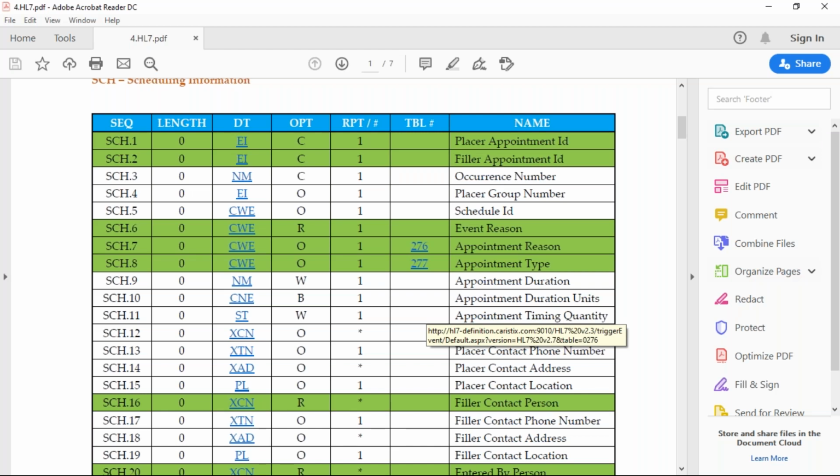And then we have SCH8. In SCH8, we declare whether an appointment is a complete appointment, which means it is already scheduled and confirmed, or whether it is a tentative appointment, which means it is scheduled, but not confirmed yet by the hospital.